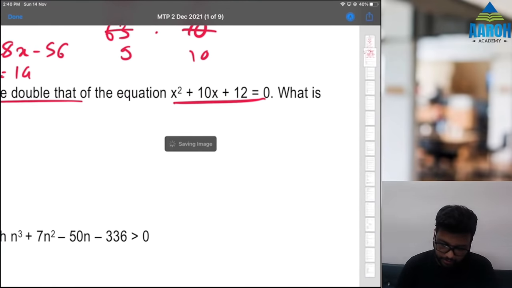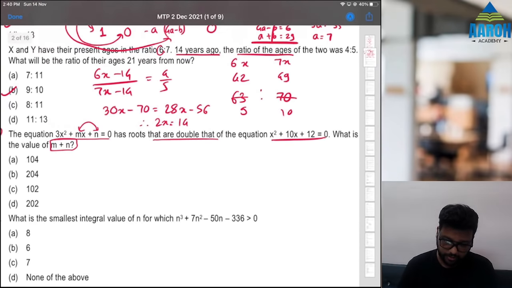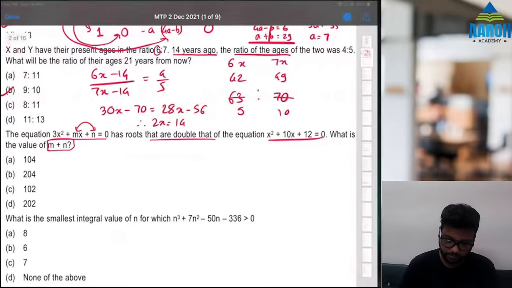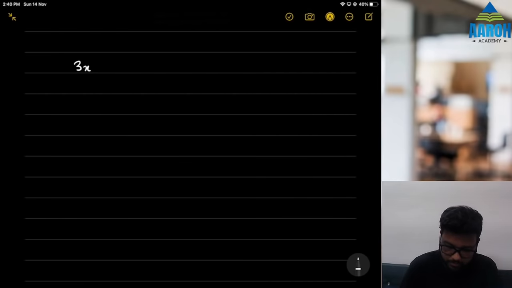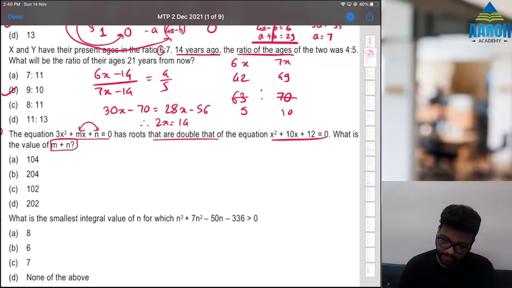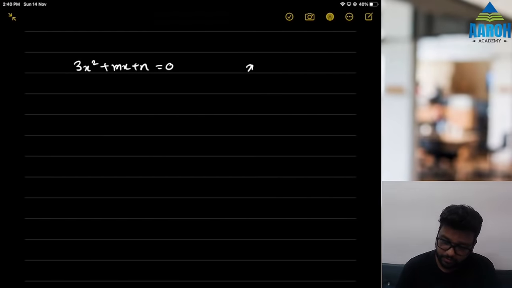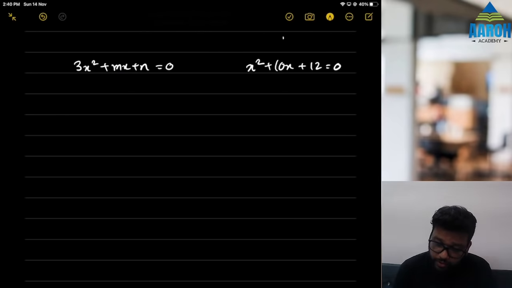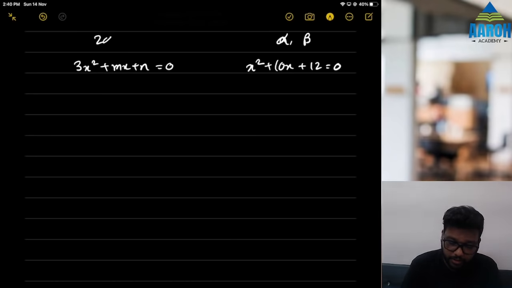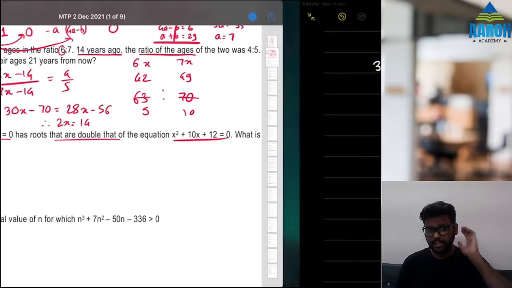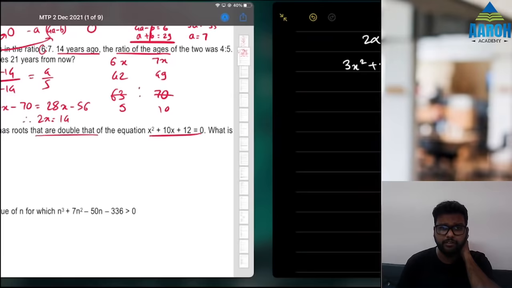The first equation that they have given is 3x square plus mx plus n, and the second equation is x square plus 10x plus 12. If roots of this are alpha and beta, then the roots of the first equation are 2 alpha and 2 beta, because they are saying the roots are double of that other equation's roots, right? And we want m plus n.